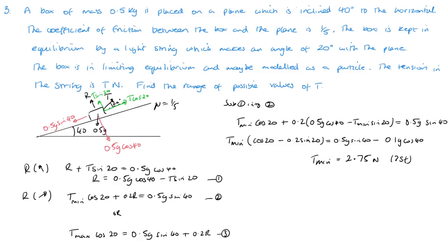Now I need to do exactly the same, but with equation 3. So substitute 1 into equation 3. So this time we have T max cos 20 equals 0.5g sine 40 plus 0.2 times my 0.5g cos 40 minus T sine 20.